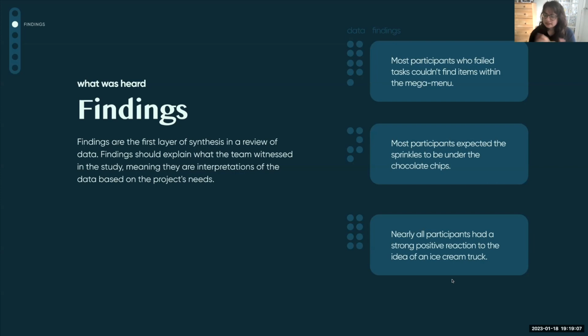I try to make sure that things aren't quantifiable if they're not actually quantifiable. So I wouldn't necessarily say that 2 participants expected sprinkles to be under the chocolate chips, because that gives a false impression to the client or the stakeholder or the project team of quantifiability of that data, when really I'm talking about attitudes and expectations.